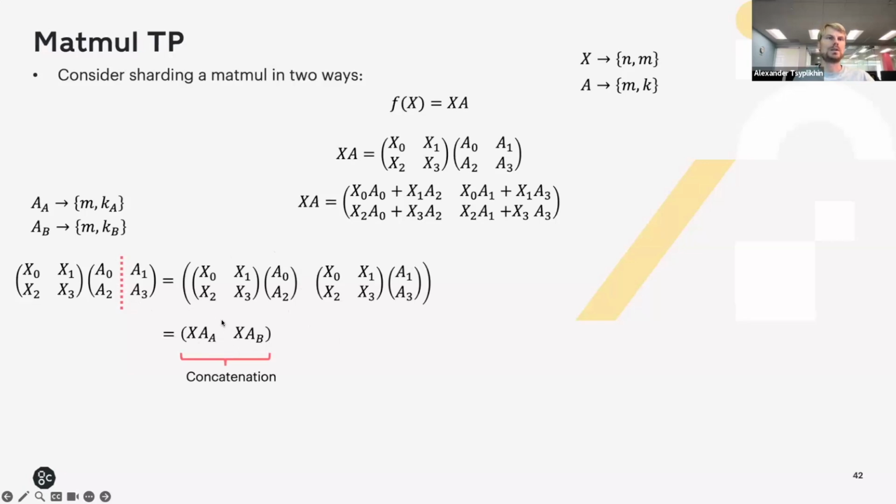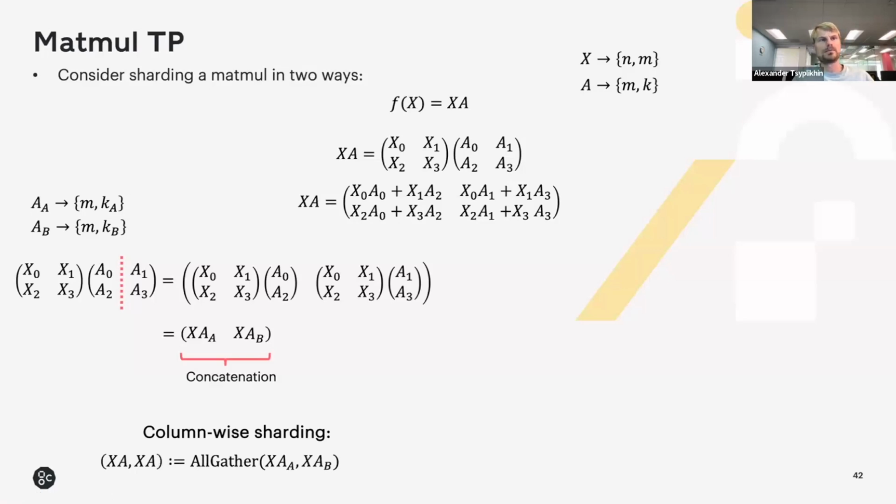So we end up with shards of the resulting matrix. And in order to produce the final result, we'll need to do an all-gather operation to pull together the partial results so that a device would contain all of those.